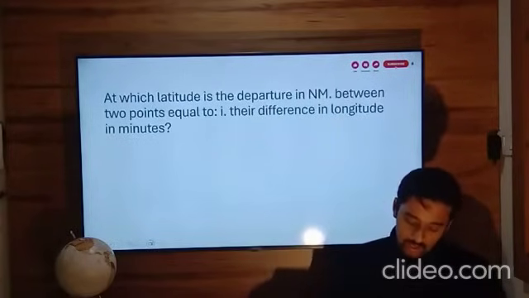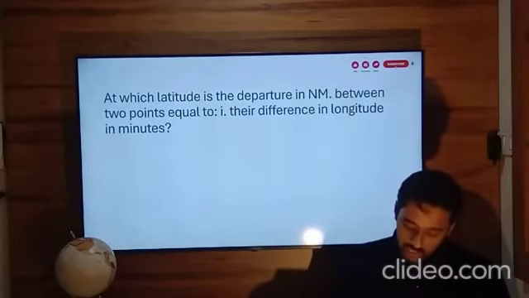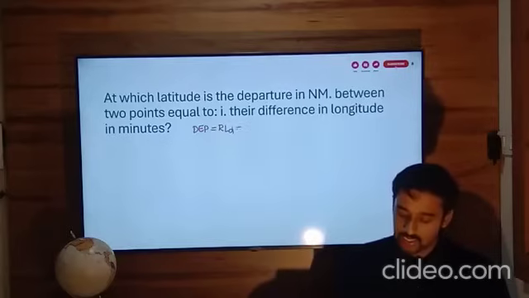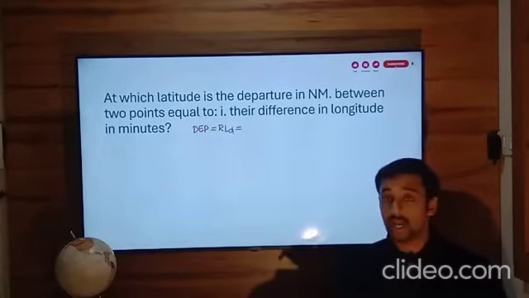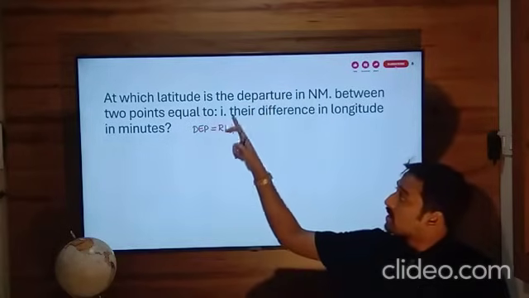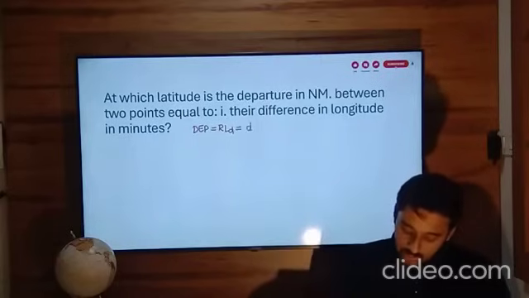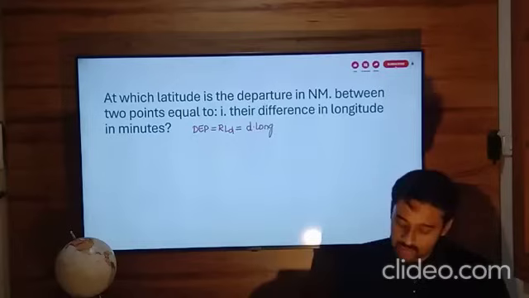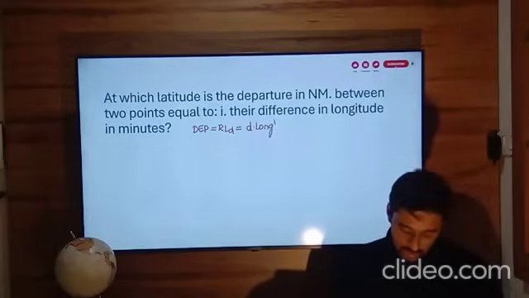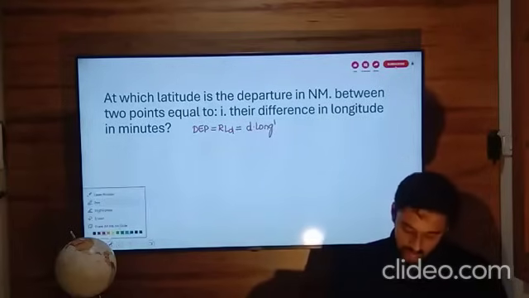At which latitude is the departure equal to the difference in longitude in nautical miles? So your departure is nothing but your rhumb line distance. So at which particular latitude will your rhumb line distance be equal to d long in minutes? So let's use the rhumb line formula.